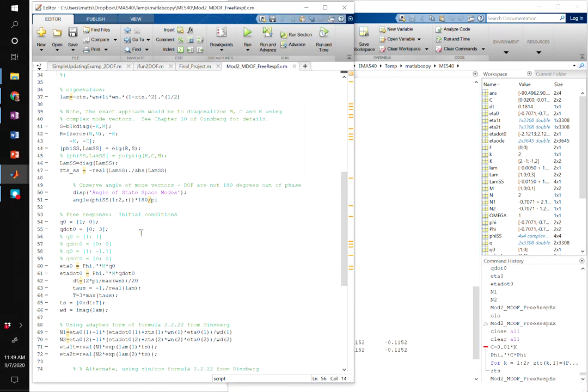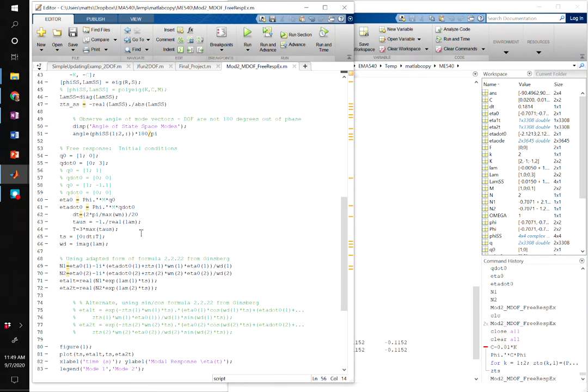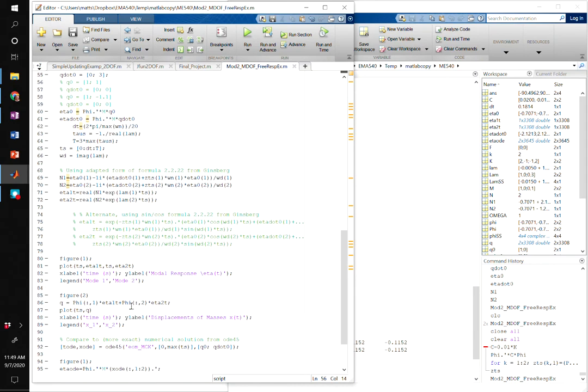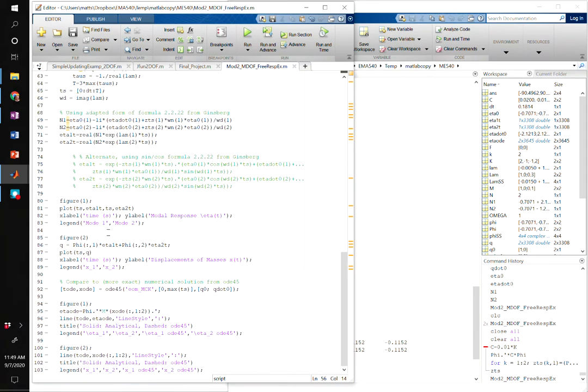Okay, so now we could compute the response, and we talked last time about this, how, given our initial conditions on the x's, or here they're called q's, we can compute the initial conditions on eta. We can use the formulas to get the free response of each mode, and then we plot the response versus time.